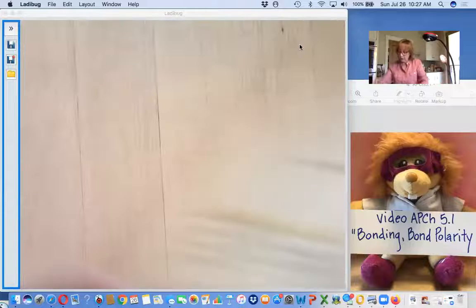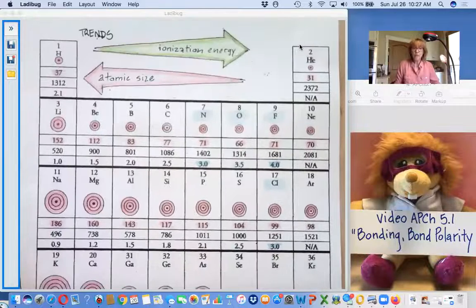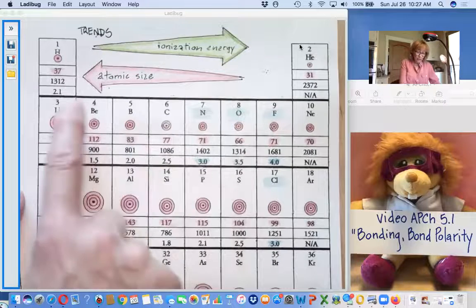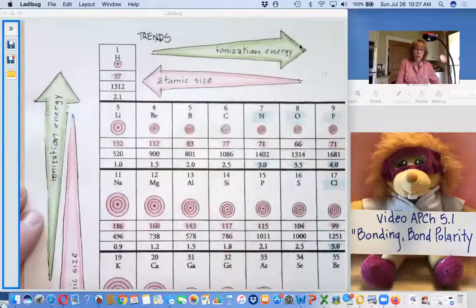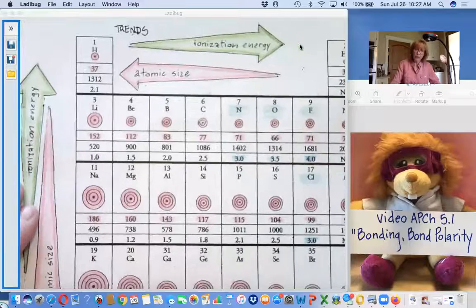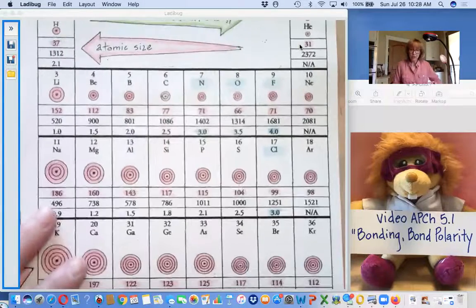All right, remember in an earlier unit when we talked about trends on the periodic table, and in particular we said that going across a period the atoms are getting smaller, and also the smaller sizes were up at the top. Okay, so now I'm going to add the electronegativity trend to this graphic.